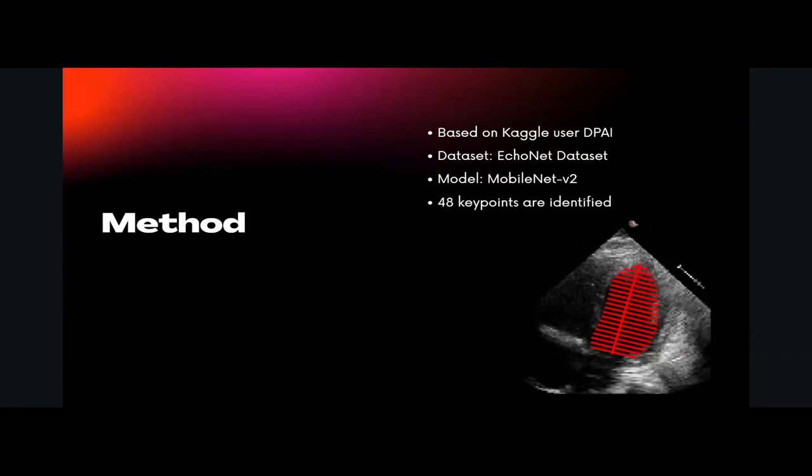The data set I'm using is the EchoNet data set that I mentioned in the last slide, which is easily accessible through Kaggle. And the model I'm using is the MobileNet V2, which is a CNN that is 53 layers deep. And during this time, 84 key points are identified, and they're displayed in this example.